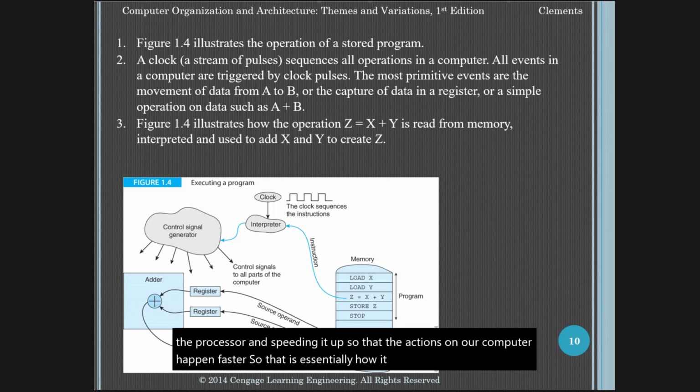Looking at figure 1.4 here on the screen, we're starting to talk about how a program works: the operation of a stored program, when we are taking that program and interacting with our input and the systems. This is essentially what's happening.